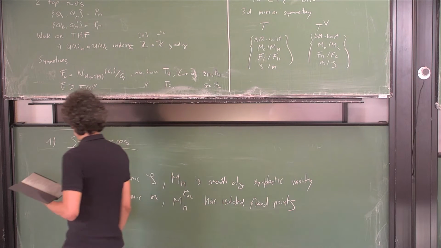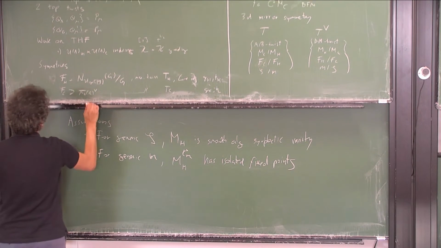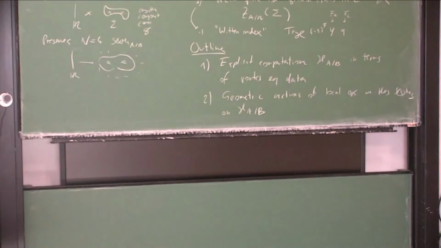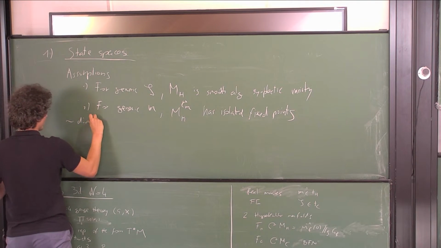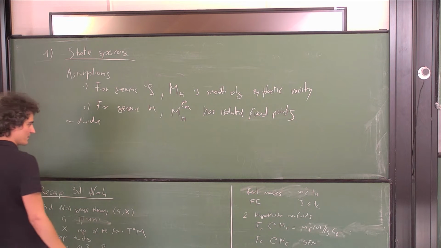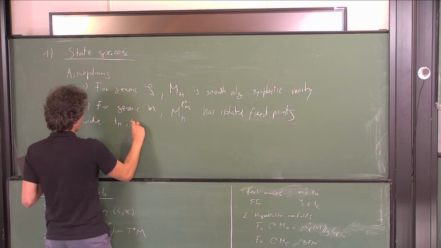In general, these assumptions divide T_H and T_C into chambers.